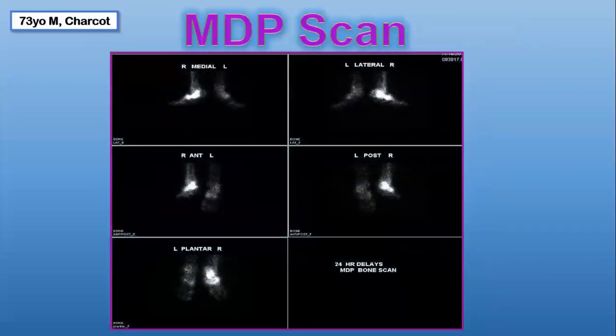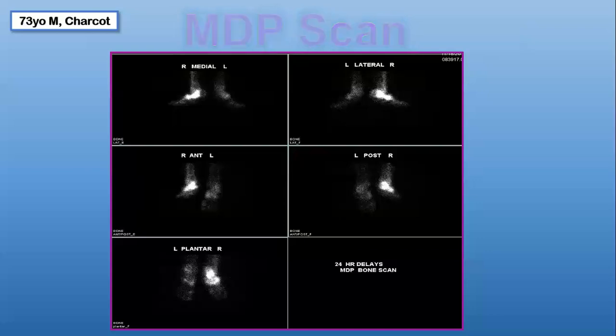And then the MDP scan, which is also utilized to overlay the two and look at the 24-hour delayed bone scan. So this shows that because there's still uptake after 24 hours, this scan indicates whether or not there's infection in the bone, or there was just a Charcot process that's going on.